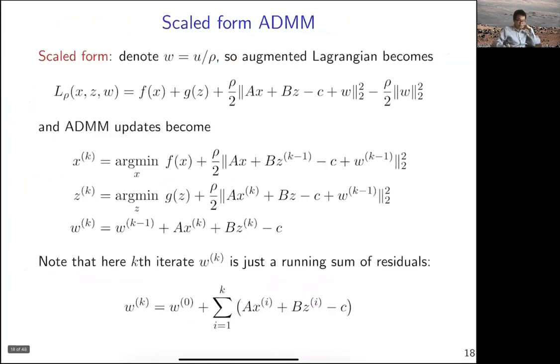Okay, so let's take a look at the algorithm again, and then maybe we can come up with an alternative, scaled form of ADMM that's more interpretable on the dual. Let's just do a trivial change by replacing the dual variable u, the Lagrange multiplier, with w, which is simply u divided by rho.